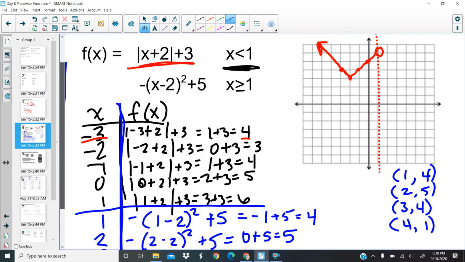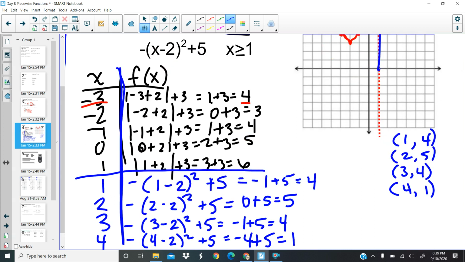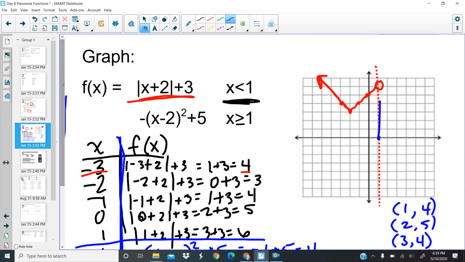So I had 1, 4, and this time I can actually, whoa, sorry about that, not sure what happened. Let's erase that. I don't need this line anymore either. Okay, so I had 1, 4, and this time I can go ahead and actually put the point there.